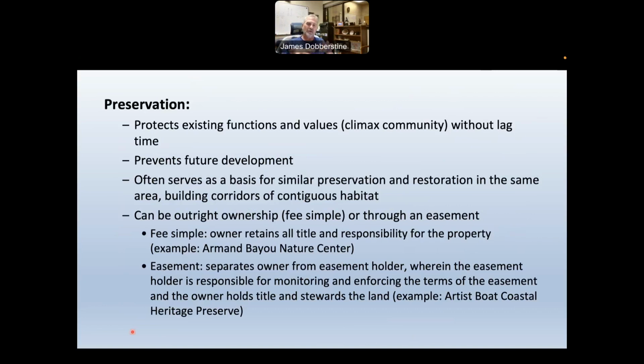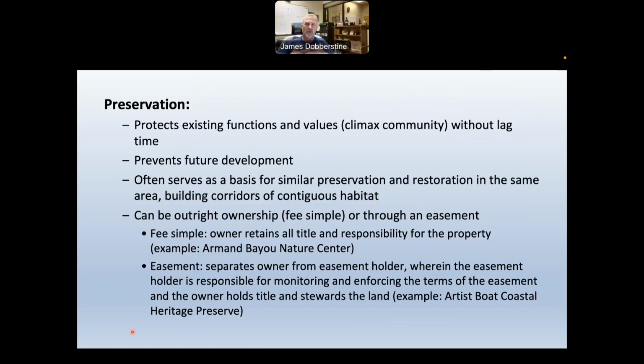An easement really separates the owner from the easement holder. So you have an owner of the property, and then the easement holder is a separate entity that has two real functions. One is to monitor the property to ensure that it is meeting its conservation goals, whatever those are.